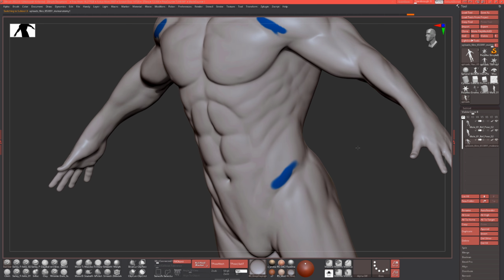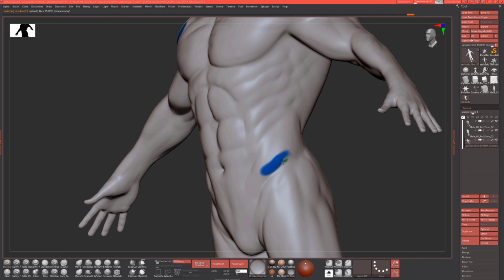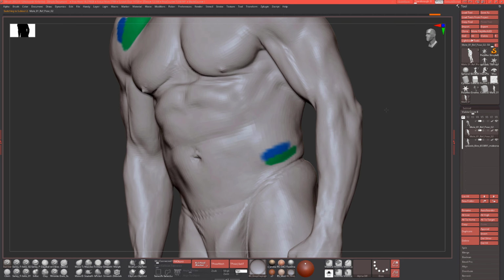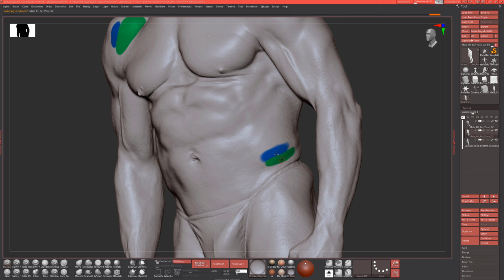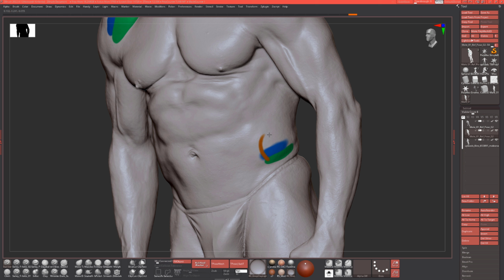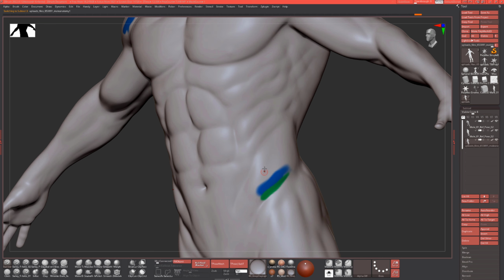And if we look at this guy from here, perhaps there is some, but it's definitely not as much as we see here. So in some sense, what that means is that the structure of the muscle, without going into anatomy, right, into how it connects and what is going on underneath and all of that, the structure of the muscle is doing that, right? That there's a lot more volume to that. There's a lot more round shapes to that. Whereas here, things are just a little too flat, right?